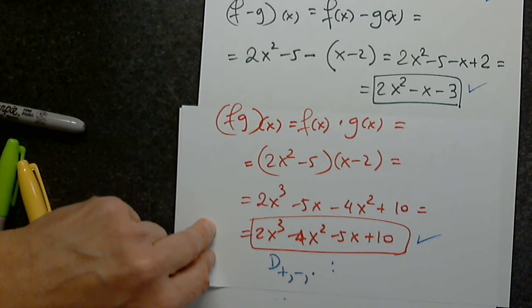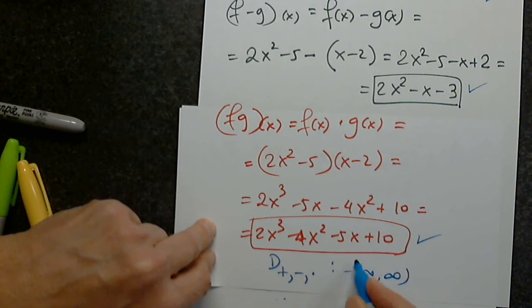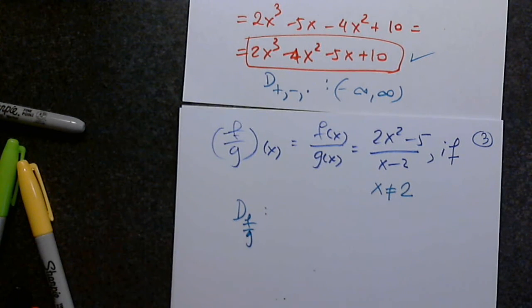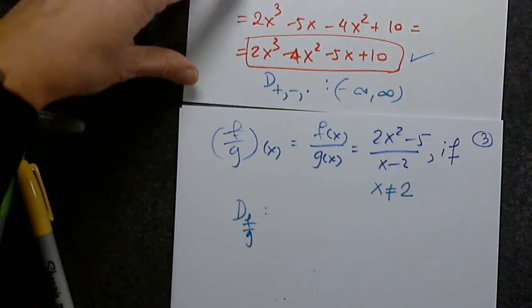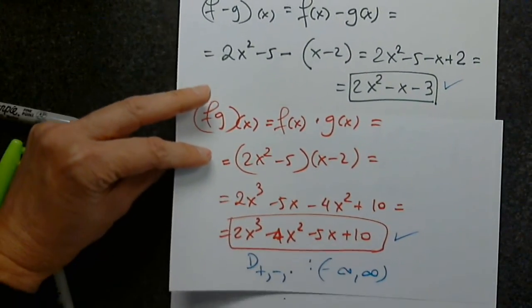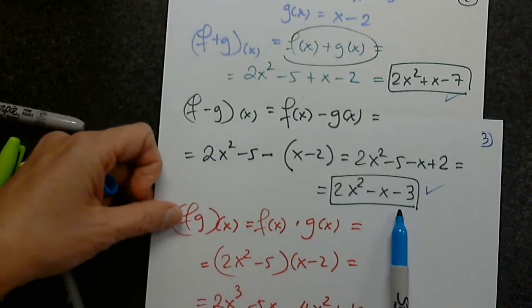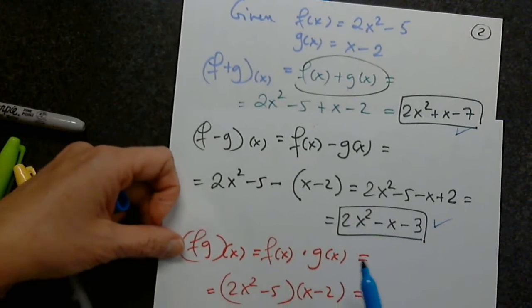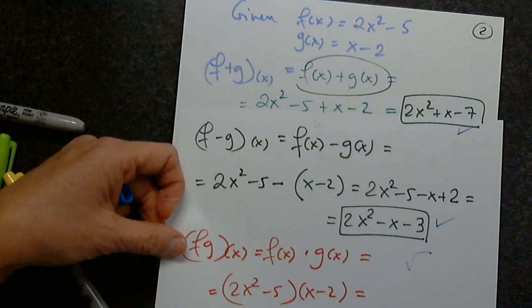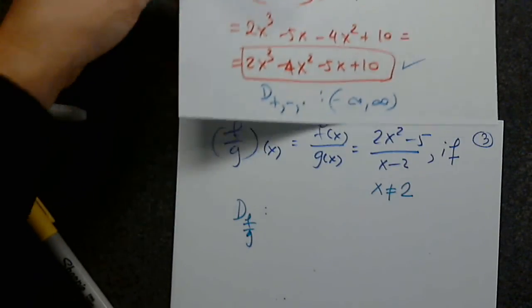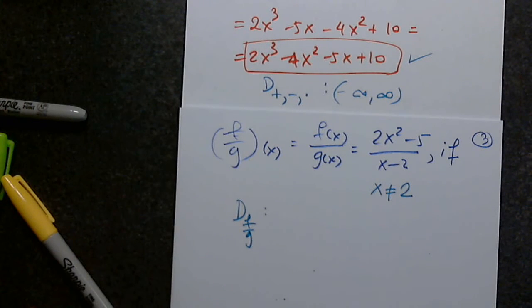So what is the domain? Now I would like to find the domain of the ratio. But they're all polynomial functions. The domain is always all real numbers. You can plug in anything and get an answer. All polynomials. Cubic, quadratic, quadratic. In all these functions, there is no square root that I could worry about. There is no ratio that I could worry about. I can plug in anything I want. Since I will always get an answer, domain all real numbers. But now what is the domain of the ratio?